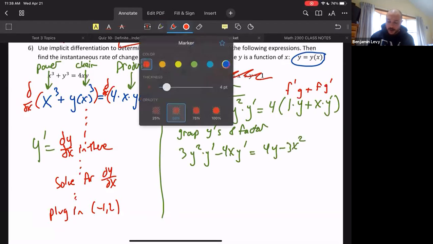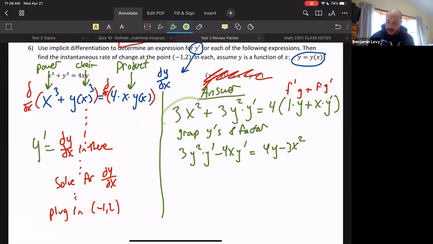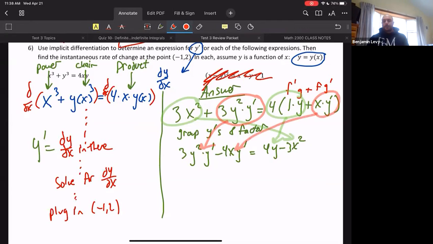I just moved like 2 things over to one side, just trying to get the y primes together so that you can factor it out. The whole point is so that I can do this.